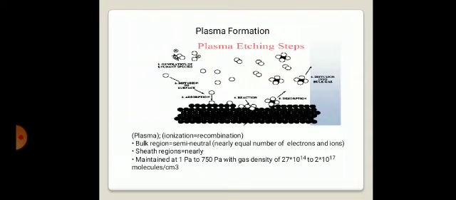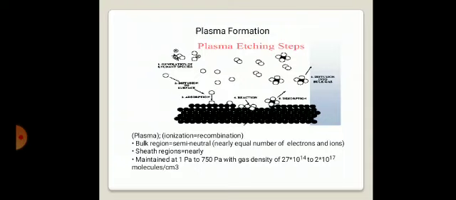After that, the applied energy accelerates the electrons, increasing their kinetic energy, and the electrons collide with the neutral gas molecules, forming ions and more electrons. After that, a steady state is reached, and this condition is called plasma. In this condition, ionization is equal to recombination.